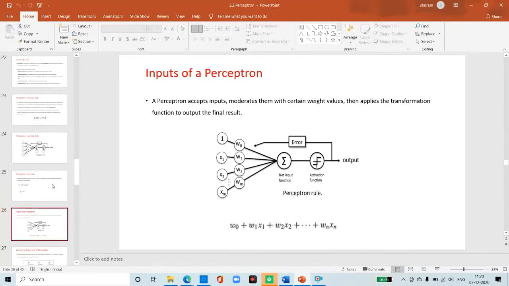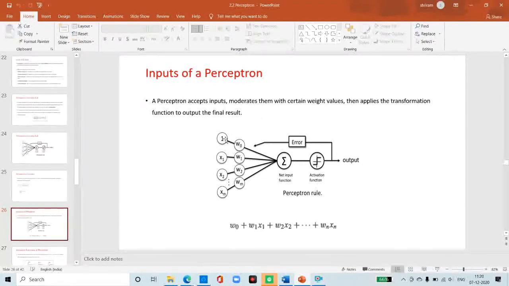The next part is the inputs of a perceptron. A perceptron accepts the inputs, moderates them with certain weight values, then applies the transformation function to output the final result.